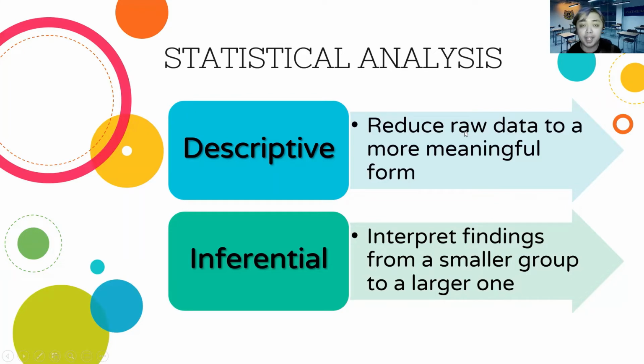Because remember, in your data collection, most of the time you do not get data from the entire population. You only get data from sample, representative of the population. So in the inferential statistics, it will help us know whether the data that you gathered from the sample can be generalized to the population that you are targeting in your research.